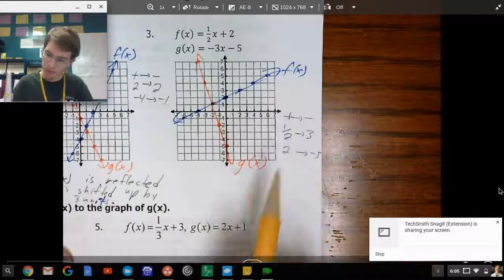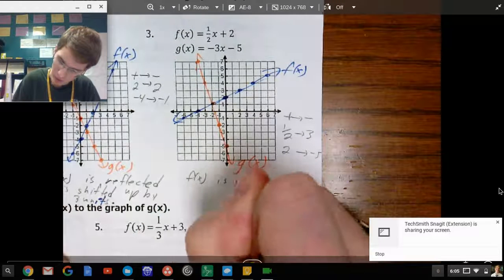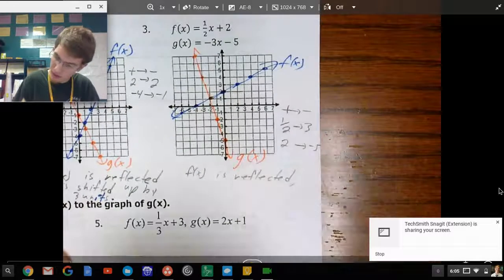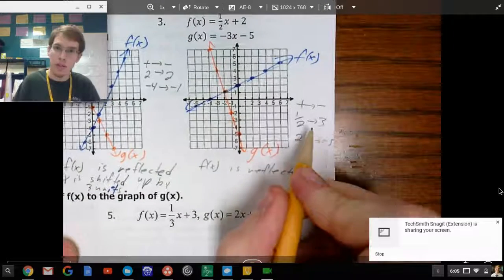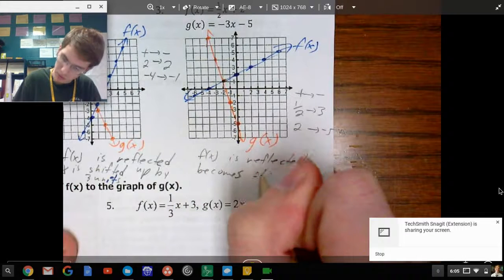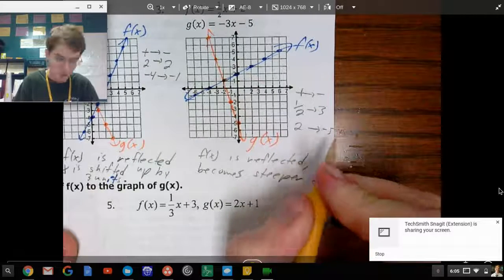Okay, so from positive to negative tells us that f of x is reflected. It looks like it also became steeper. And the y-intercept changed.